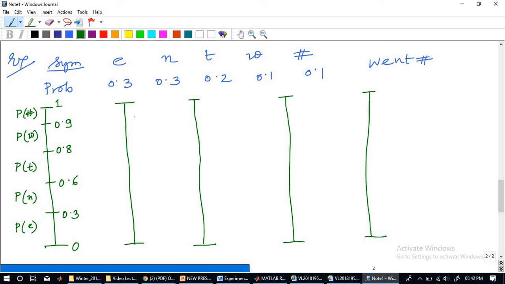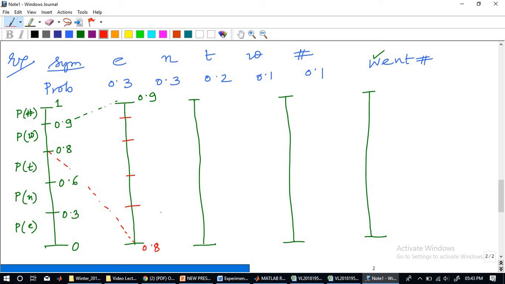Is anyone ready with the first set of elements? When we are getting W, W is somewhere here. So this is 0.9 and this is 0.8. Now tag it this way so that it's easier for you to identify how many values you have to take.